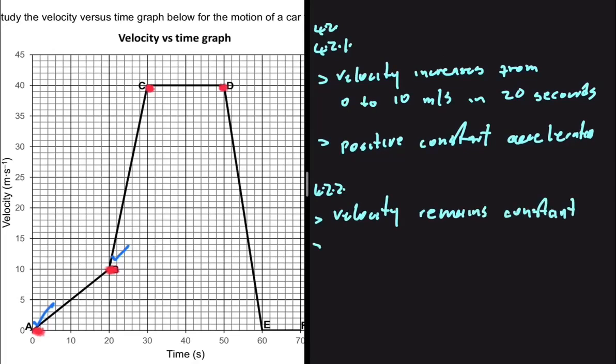What about acceleration? What is the acceleration when VI equals VF, when velocity remains unchanged? Acceleration equals the change in velocity divided by the change in time. If there's no change in the velocity, then the acceleration will be 0 meters per second squared.